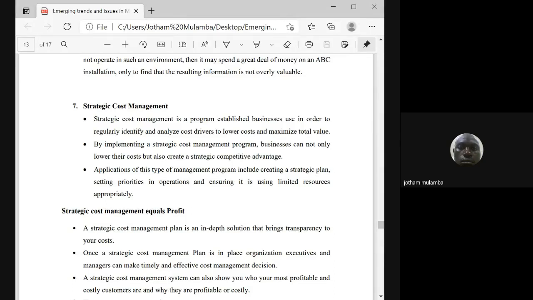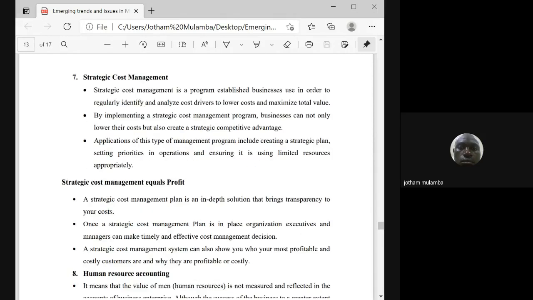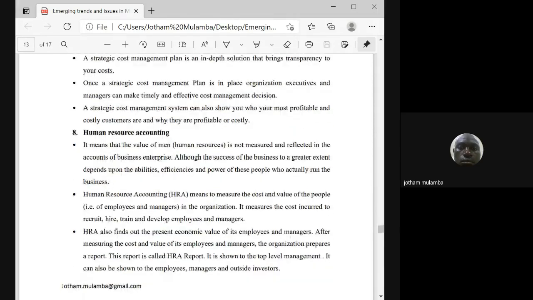Or if our highest cost is paying house allowance to our employees, then we can identify a particular plot, develop that plot, and come up with staff quarters, so that our employees stay in staff quarters and we don't have to incur that particular cost. So you read about their advantages.